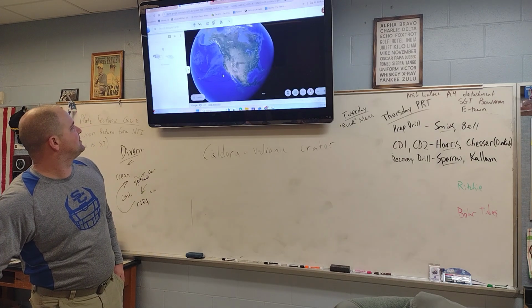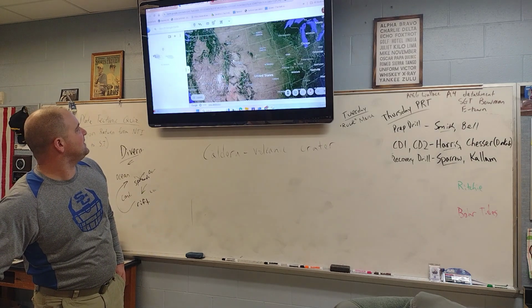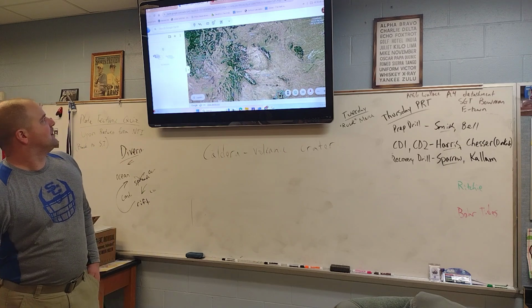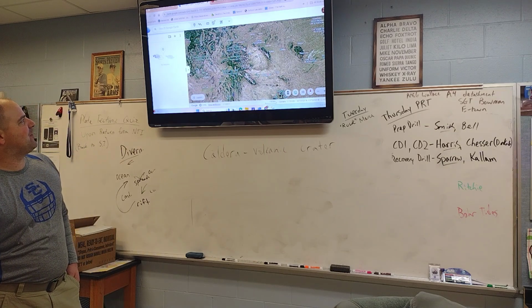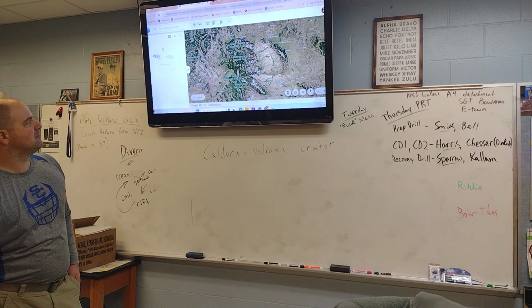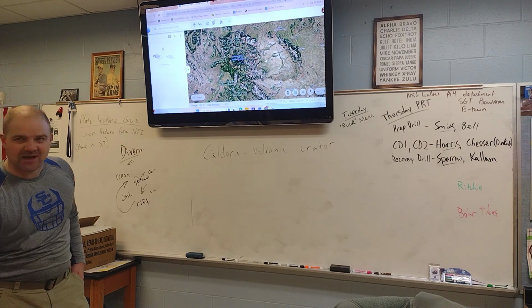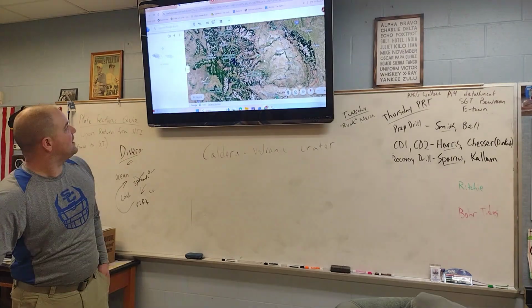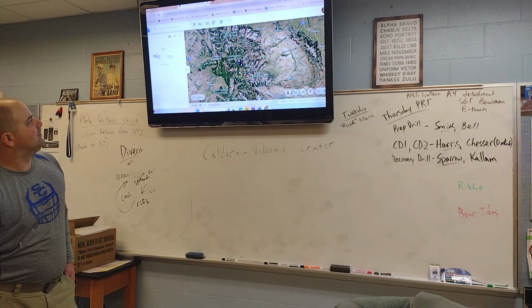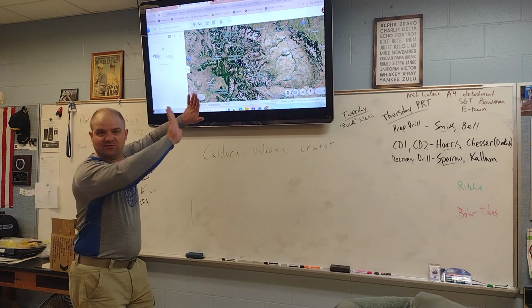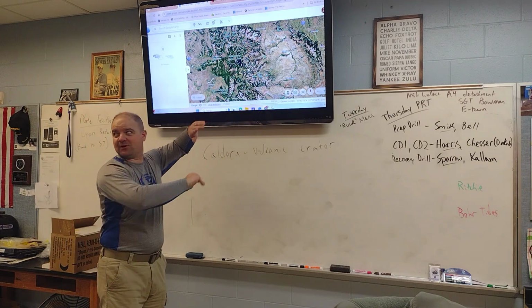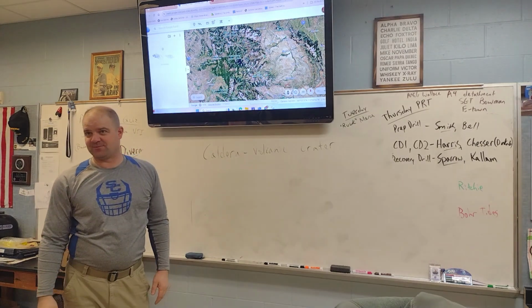If you go to Yellowstone and you zoom in, can you see a volcano here? But can't you? Guys, the actual lake at Yellowstone is the depressed volcanic crater.